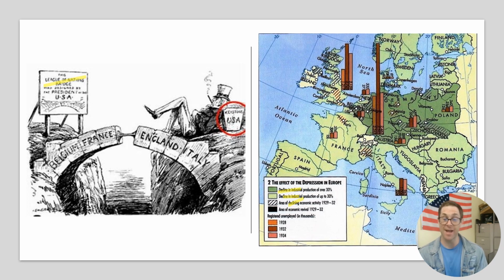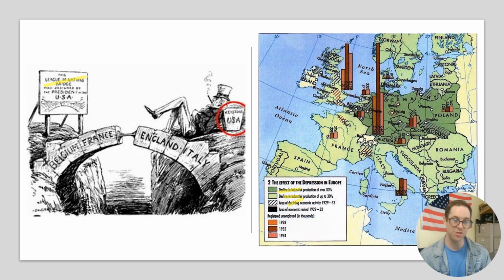After World War I, not only was Germany forced to accept blame, but we see other effects. So, for example, in the picture on the left, the United States wants to be in the League of Nations, but they're missing. We want an international peacekeeping organization so that a world war will never happen again.